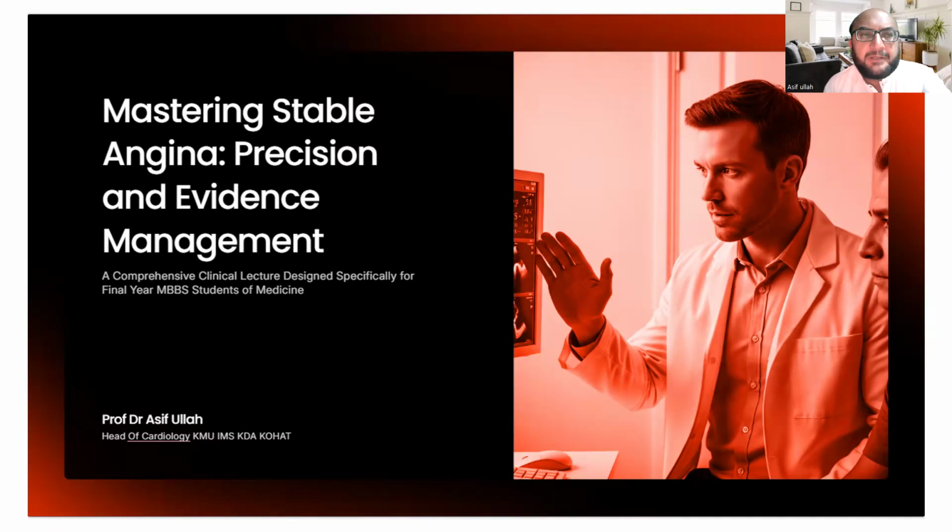So today we will discuss the management of stable angina. It is an LO in the initial pages of the document of the cardiorespiratory module.